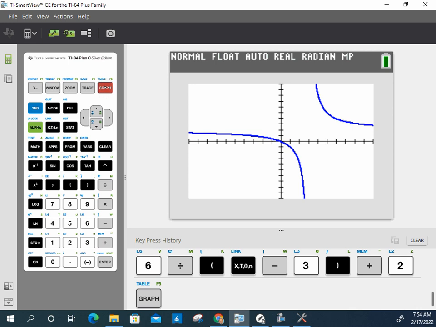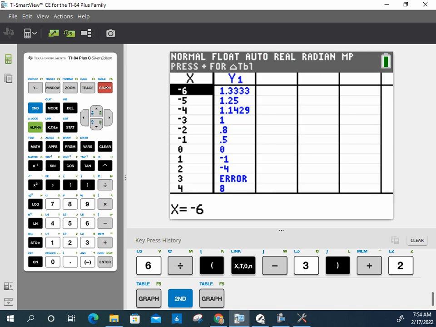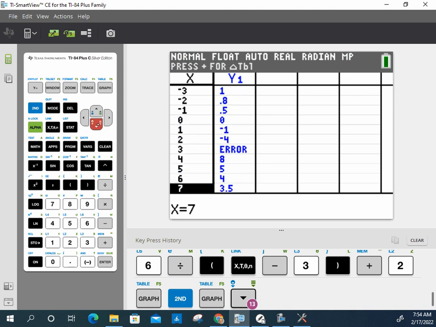Press graph. You'll see what it looks like. Hit second and hit graph. So your error is down there, so you may need to use the arrow keys to move the table. But we're still looking for 3 good points on each side, 3 above it, 3 below it.